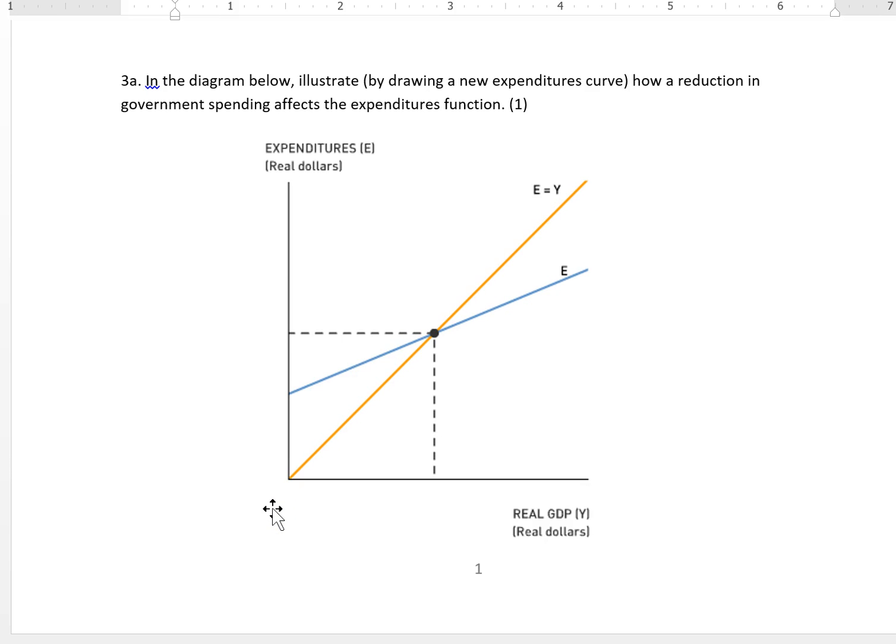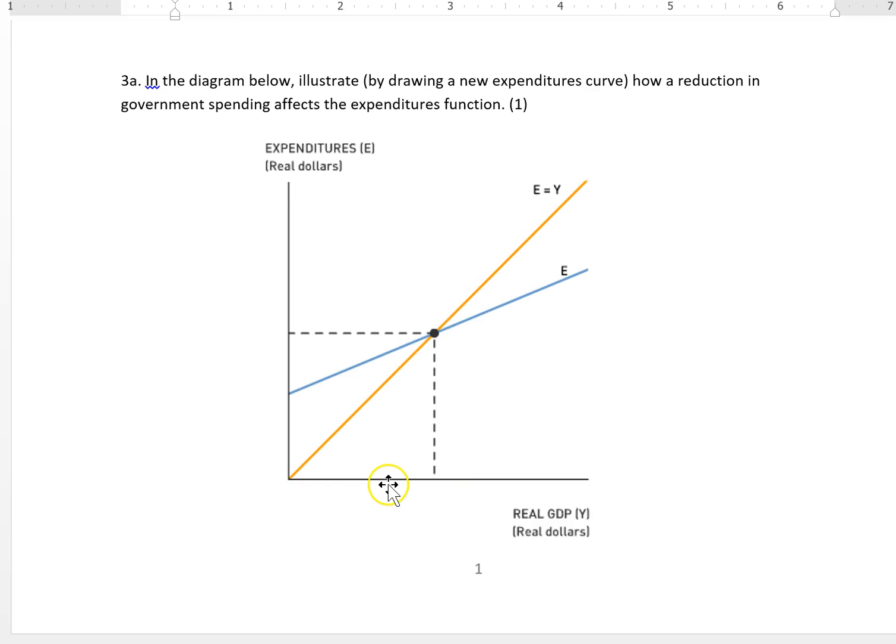What this 45 degree line represents is when you make a certain amount of income, and by the way, always start with income. So let's say you earn this amount right here. If you go up to the 45 degree line, this yellow line right here, this basically tells you that you're spending all of your income.